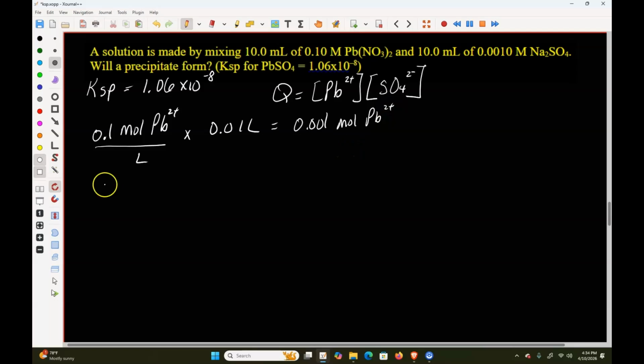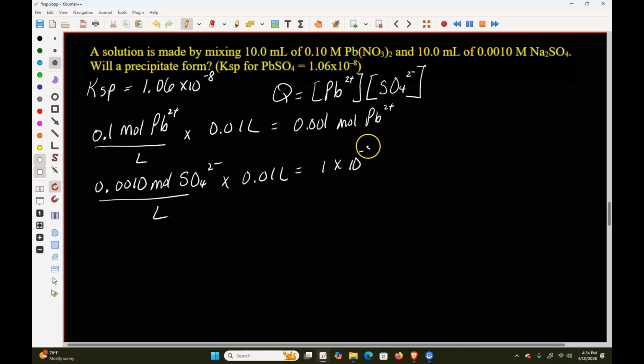Same thing for sulfate. I would have 0.0010 moles sulfate per liter, and also 10 milliliters times 0.01 liters. When I multiply this, I should get 1 times 10 to the negative 5 moles of sulfate.